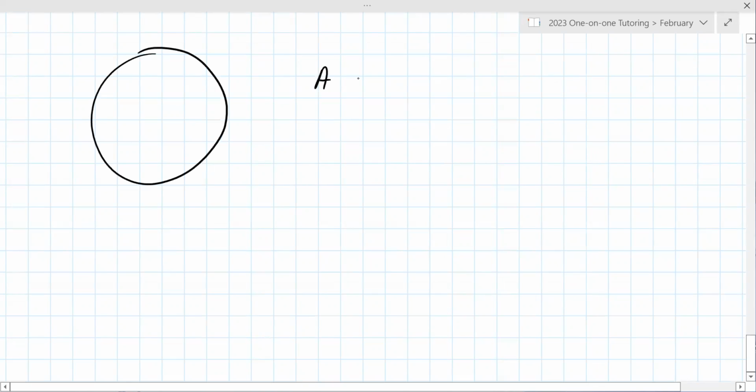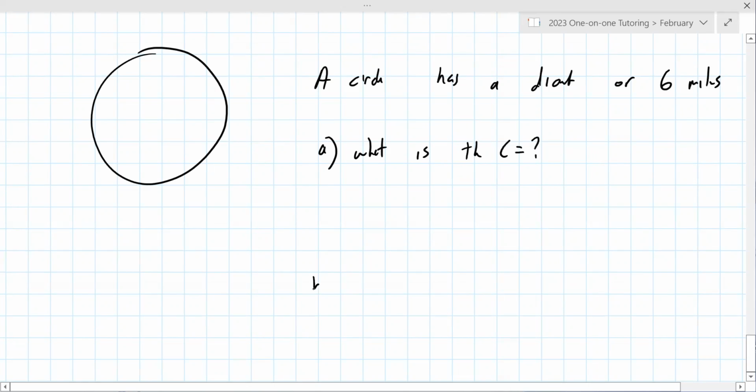A circle has a diameter of 6 miles. What is the circumference? What is the area? Is it clear what I'm asking for here? Yes. All right.